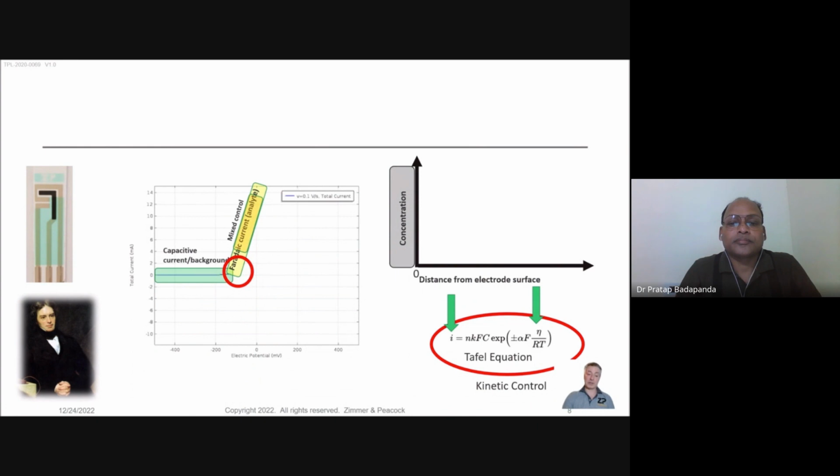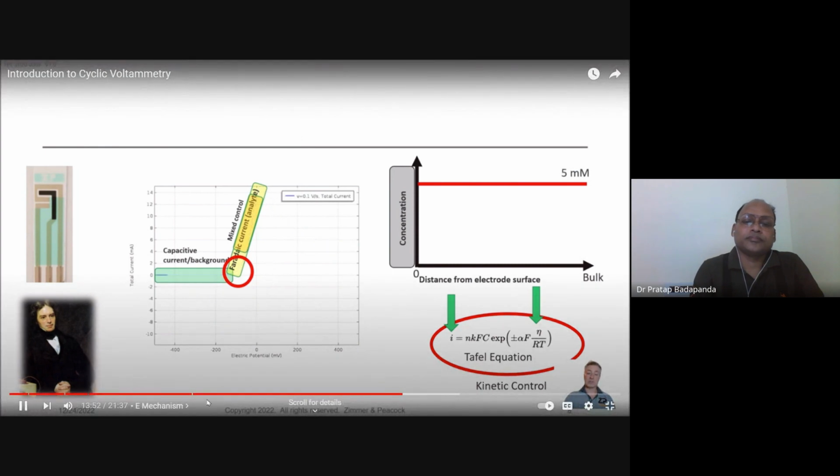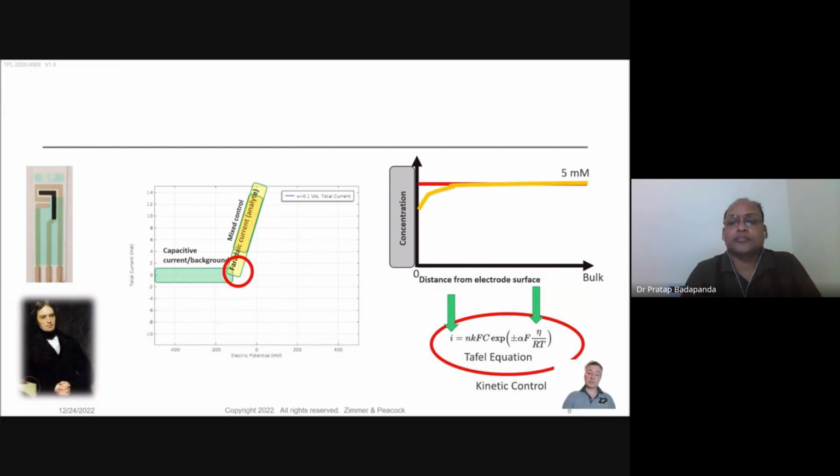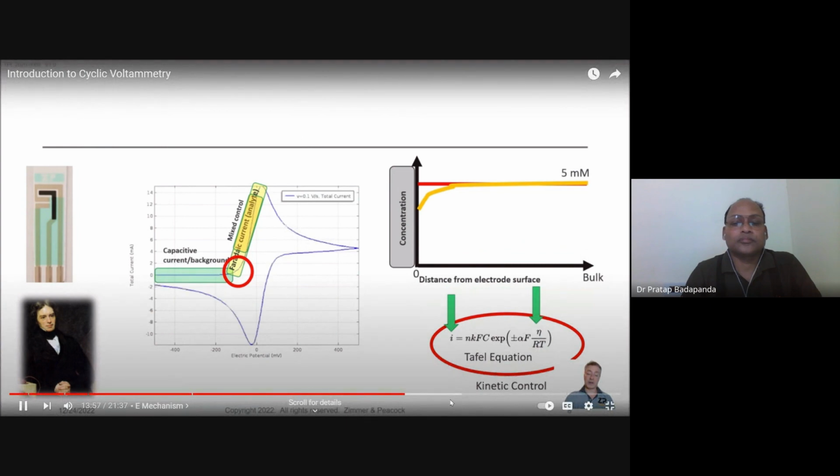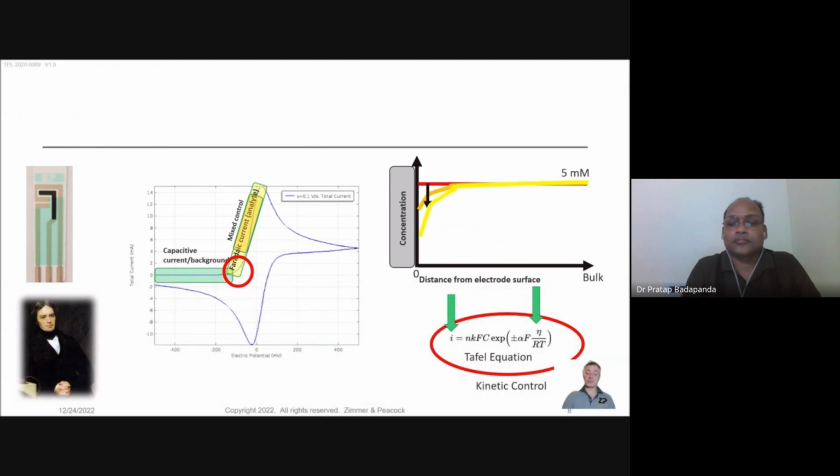And the reason that peak current comes about is because as we come up this mixed control region, for example, if we start with a solution of 5 millimolar ferricyanide, then at a distance from the electrode the ferricyanide is all 5 millimolar. But as we come up the mixed region, the potential means that we consume some of that ferrocyanide, and so it drops in concentration a bit, and then we apply a bit more potential, and the ferrocyanide drops a bit more.